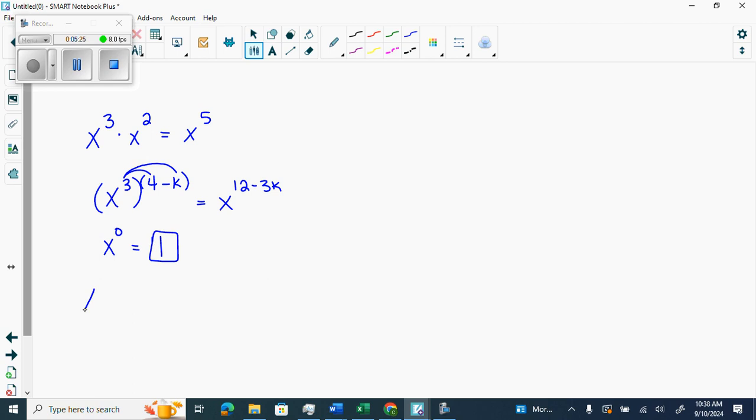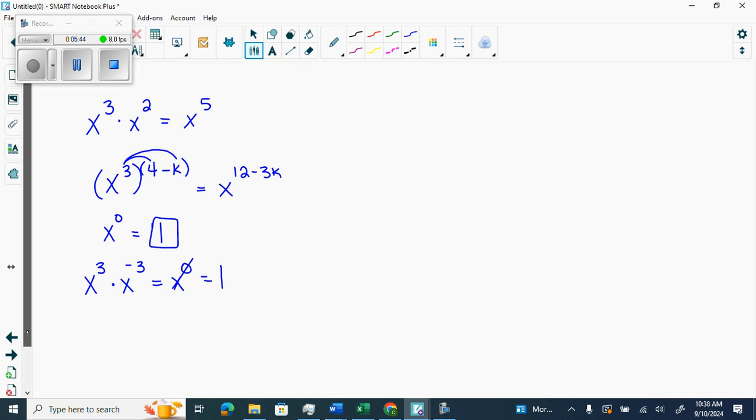So, if I gave you x to the 3 times x to the negative 3, what would you get? X to the what? 0. Because what are you doing with your exponents? Adding them. And so you would get a constant, wouldn't you? Okay.